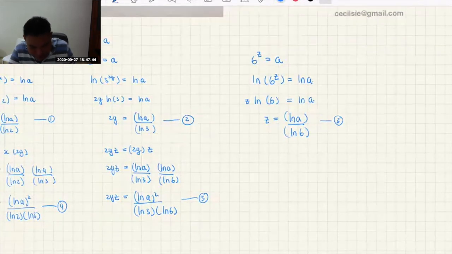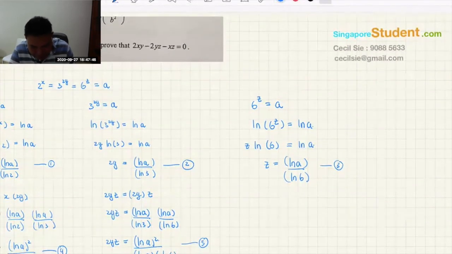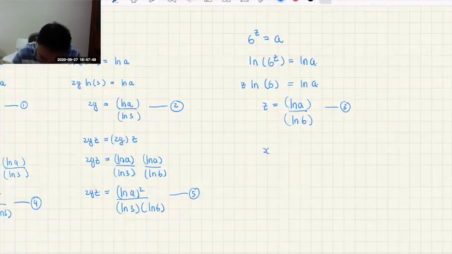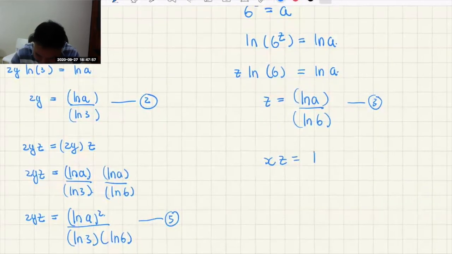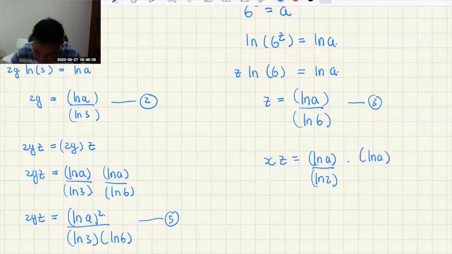Now, equation 6, xz. xz equals ln a over ln 2, since x is ln a over ln 2, times z, which is ln a over ln 6.